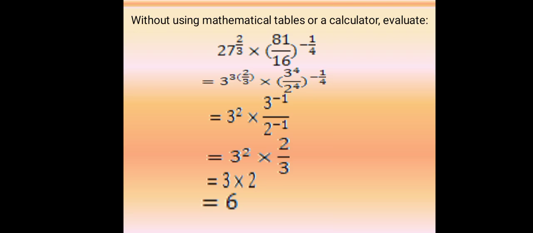So we shall have 3 squared multiplied by 2 over 3. Now you can see the 3 in the denominator will cancel with 3 squared, so that we remain with only 3. So we have 3 multiplied by 2, giving us the answer as 6.